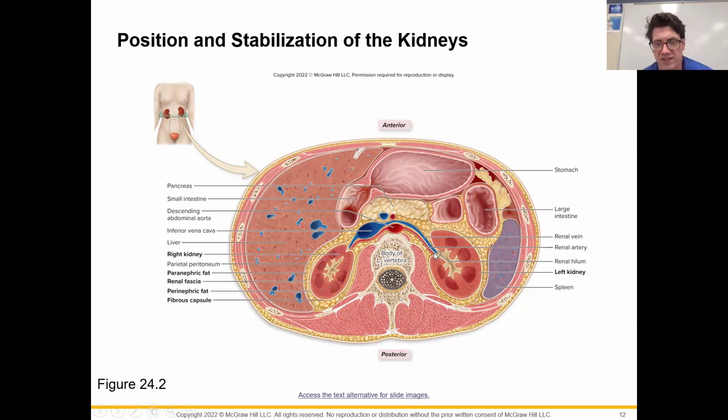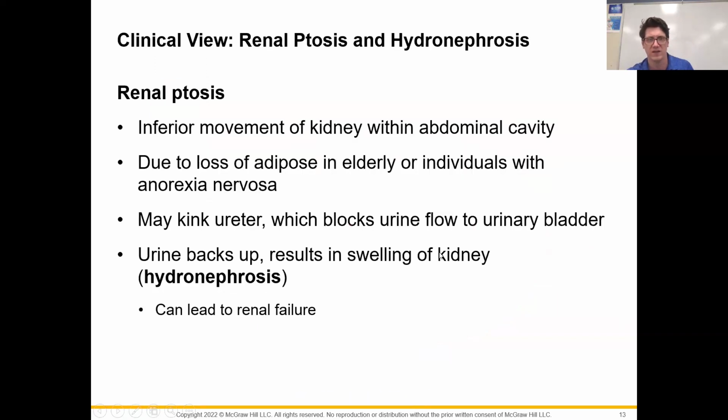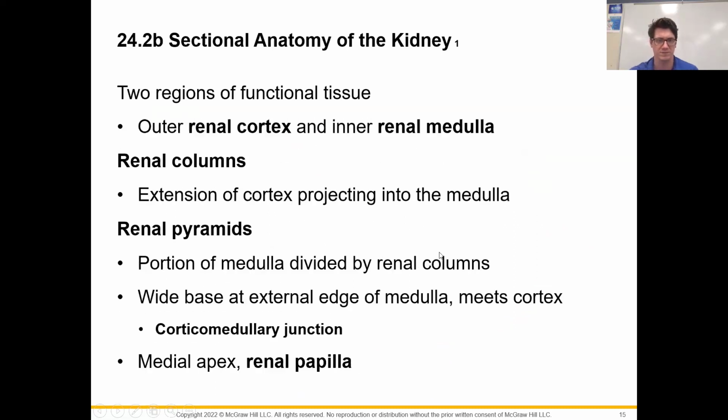And then the entrance and exit for the ureters, renal arteries, and renal veins are all going to come from this kind of eye of our P here. This region here is going to be called the renal hilum. Okay, so we can see all of those.